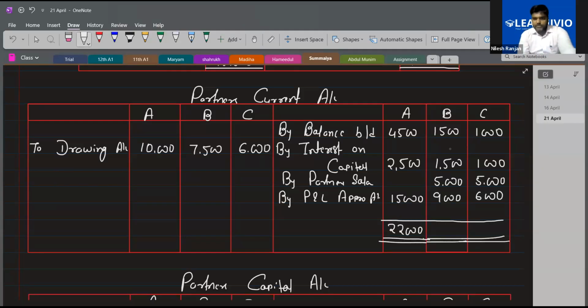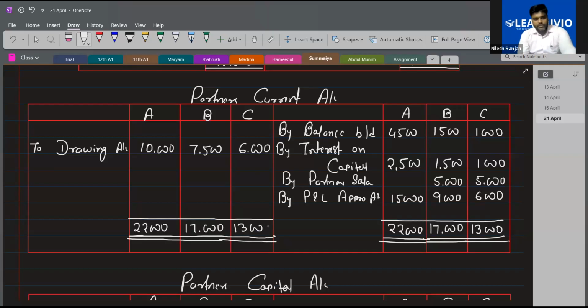22,000, then 17,000, 13,000. 22,000, 17,000 and 13,000.